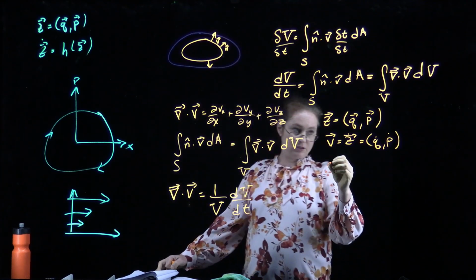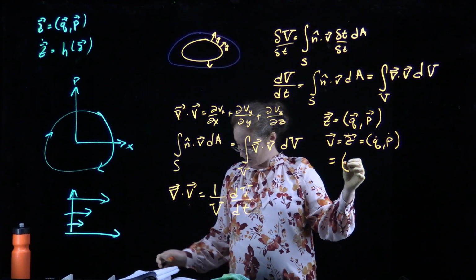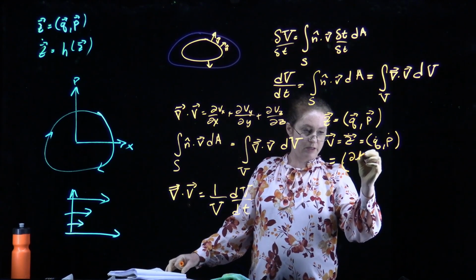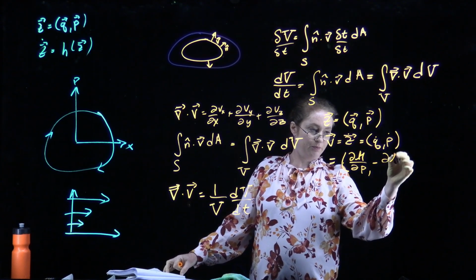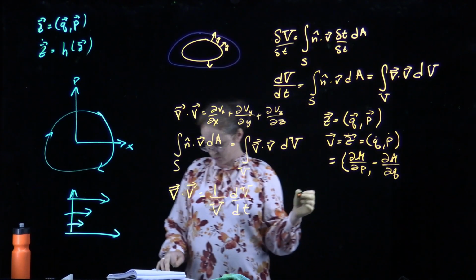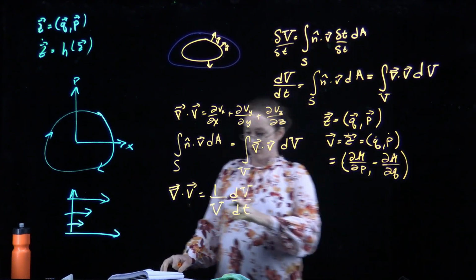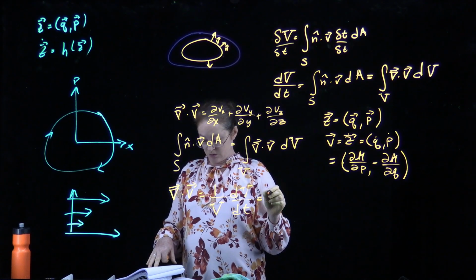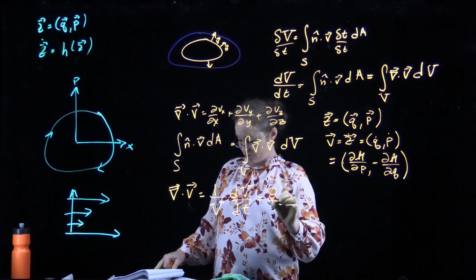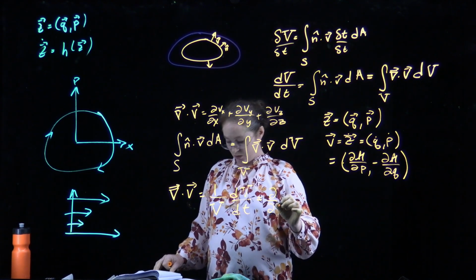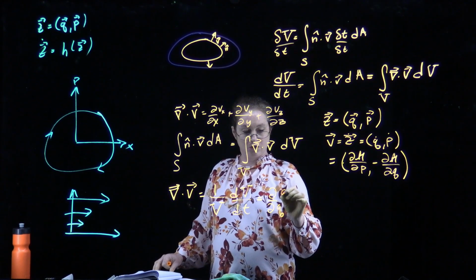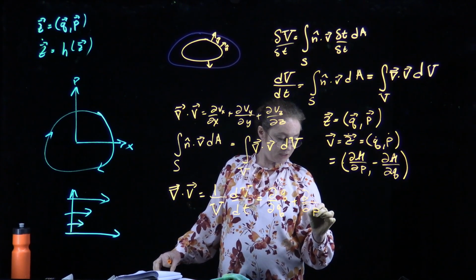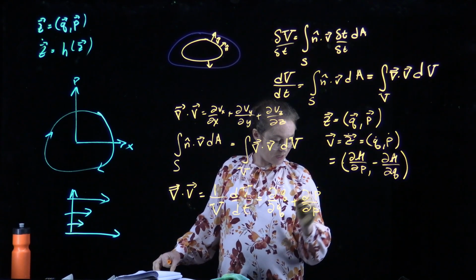And using Hamilton's equations, this is partial H, partial P, negative partial H, partial Q. And then we want to look at del dot V. This is partial Q of Q dot plus partial P of P dot.